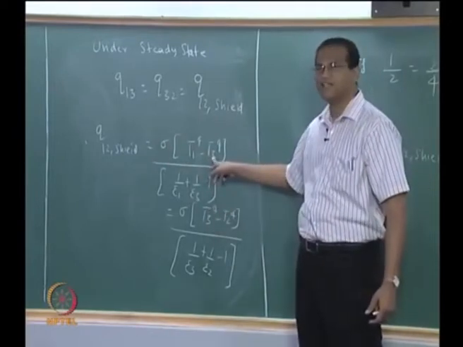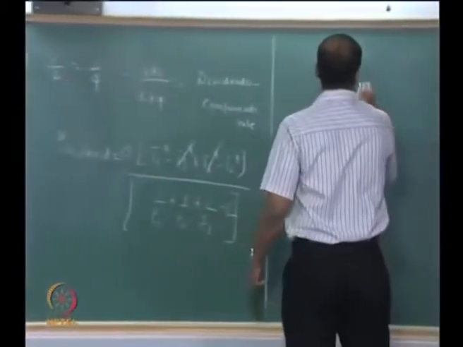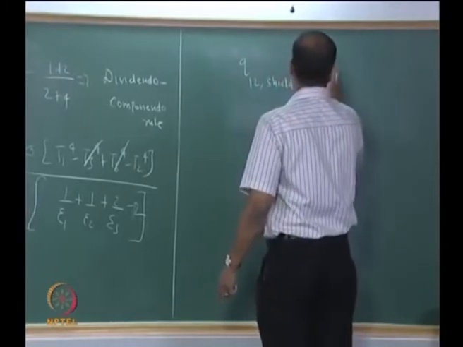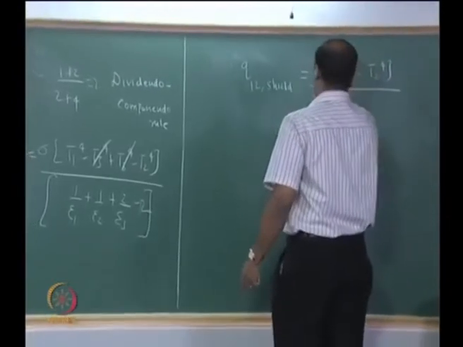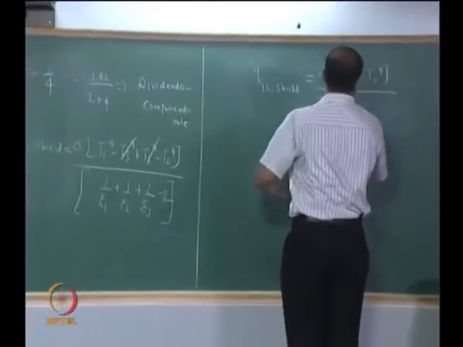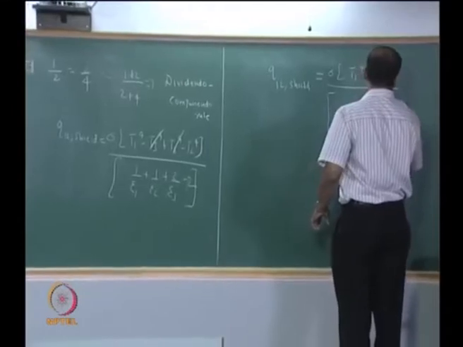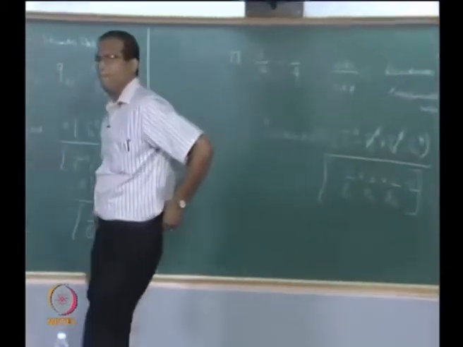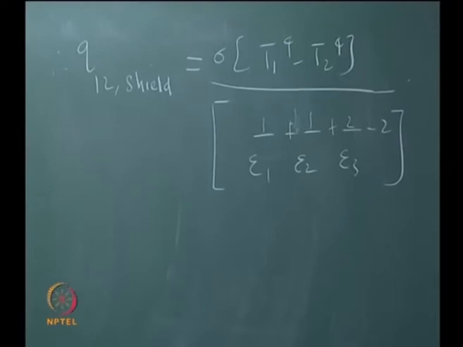Fortunately for us, there is a minus T3 to the power of 4 here, there is a plus T3 to the power of 4, they are getting cancelled. Okay, Q... is that fine?